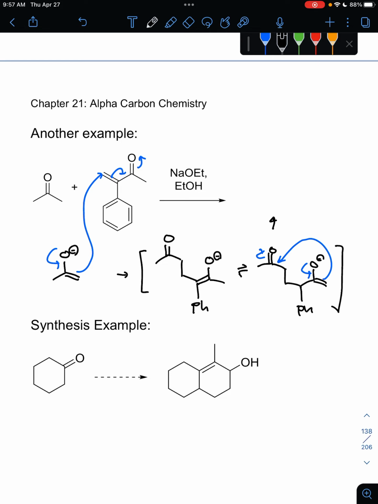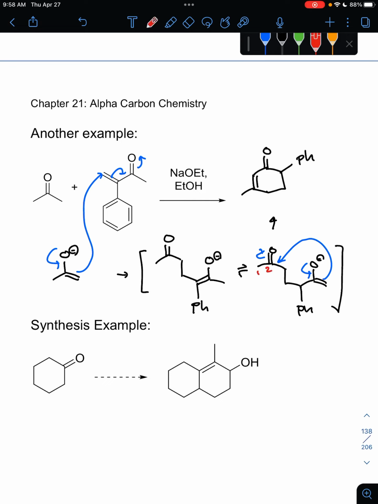We're going to skip some of the steps here, all right? We should end up with this cyclohexenone product, okay?